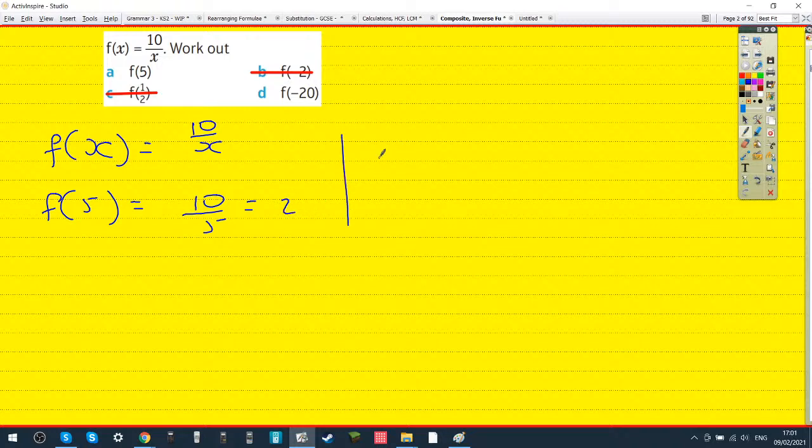Question D. So f of x turns into f of minus 20, and then 10 over x goes into 10 over minus 20. Yep.